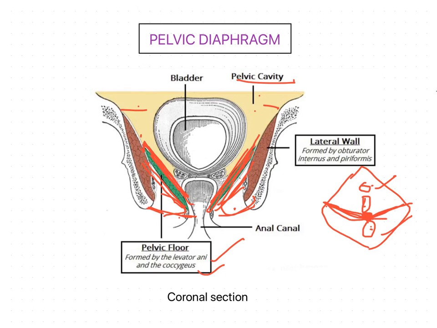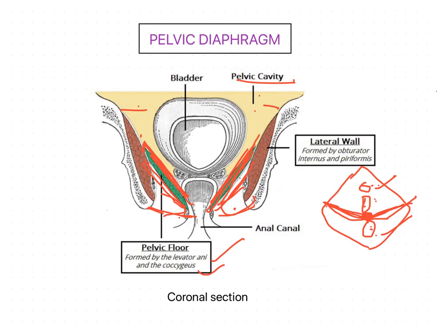In females, the vagina is also present, and between the urethral hiatus, vagina, and anal canal you can find this separation.